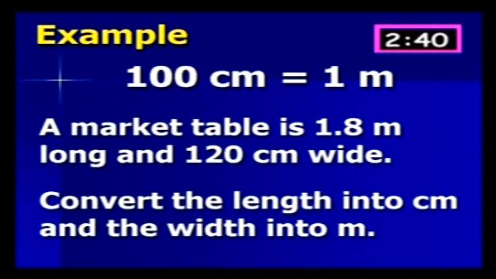Again, a market table is 1.8 meters long, that's the length, and 120 centimeters wide. That's the width. So the question is, convert the length into centimeters and the width into meters. Okay, quickly.